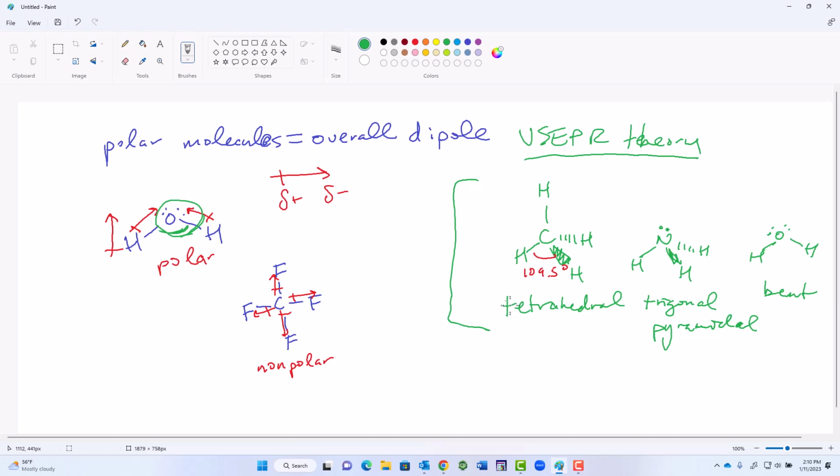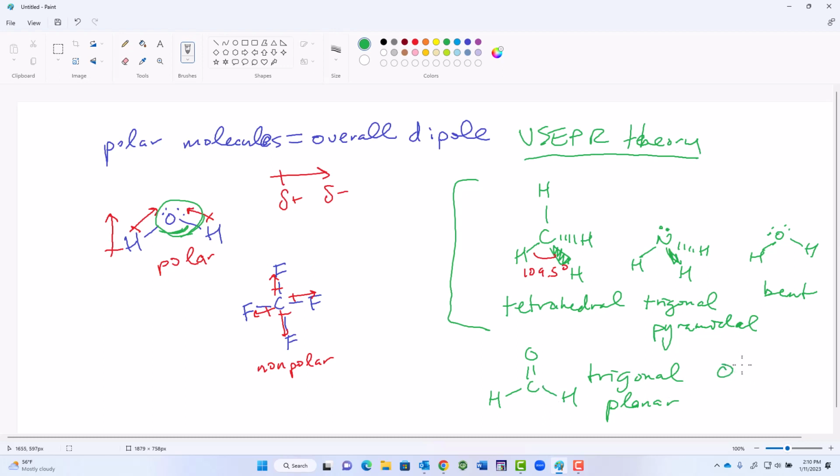The other one that's going to be important to remember is going to be this base here. So I'm just drawing, this is formaldehyde. If we have this arrangement with three bonds around the center, we call this one trigonal planar. And if we were to remove one of there, we would call it bent.